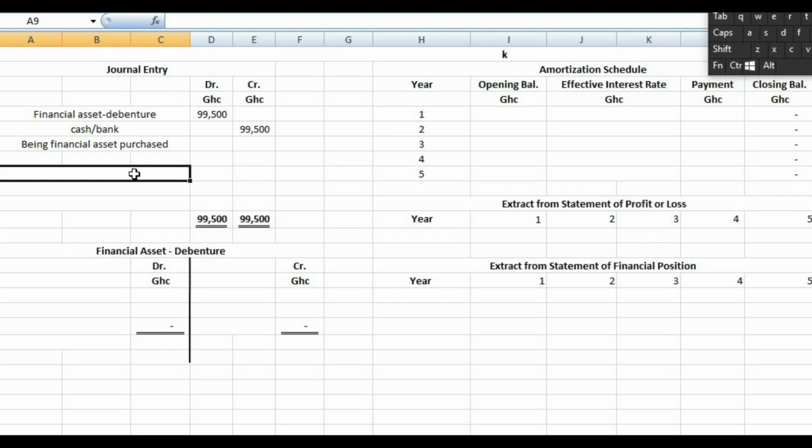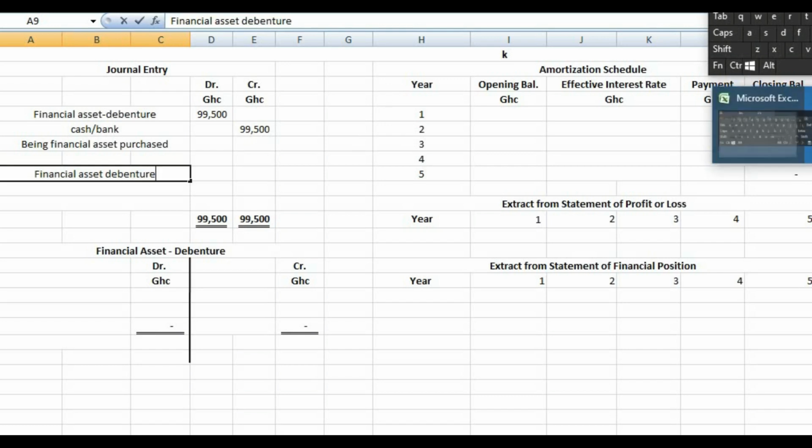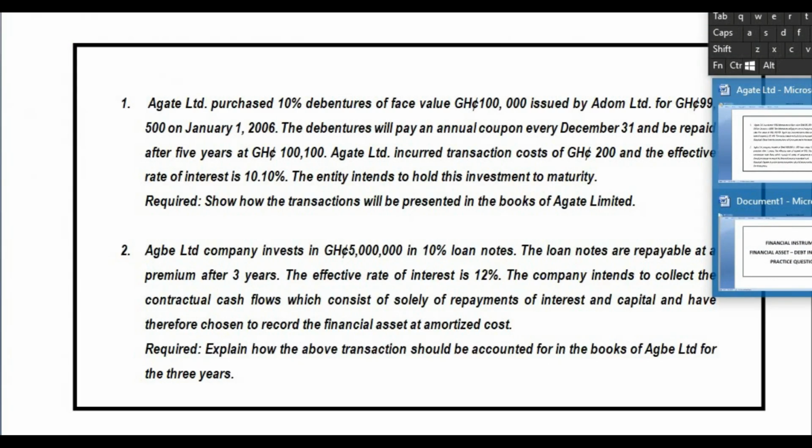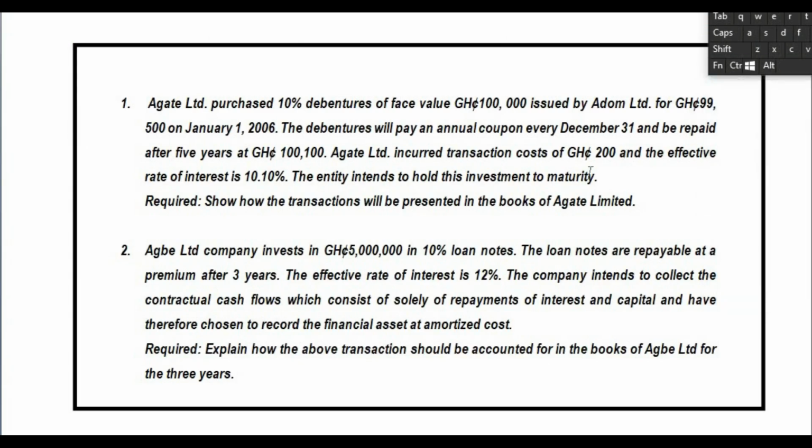So with the expense, we debit financial assets, debenture, with the value of the expense, which is 200 Ghana cedis.